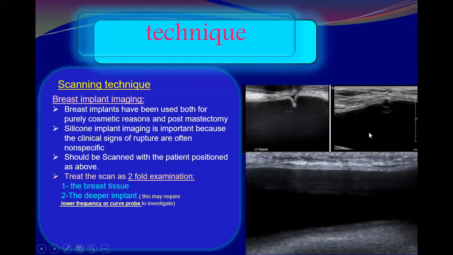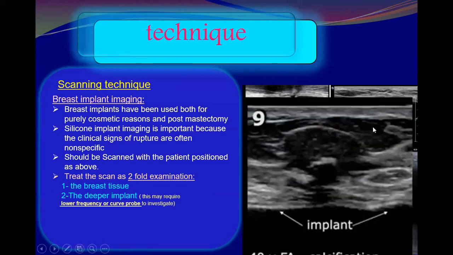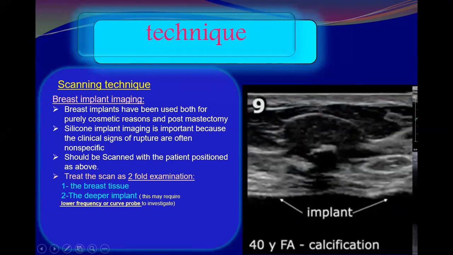Here this black image is the implant, and this is a normal or usual radial fold, and this is a valve in a saline implant. These are silicone implants, and this is a saline implant, and here this is the implant down. Now we are scanning the breast, and this lesion is a calcified fibroadenoma.